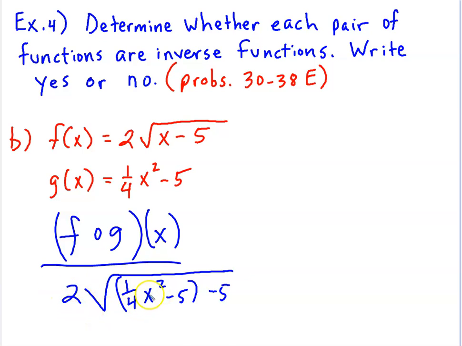I could go through some work here and simplify all of this, but ultimately, even after I do that, I'm going to be multiplying by 2. So if I'm multiplying by 2 times whatever comes out of this radical, I'm not going to end up with just regular x. It's going to be 2 times something.